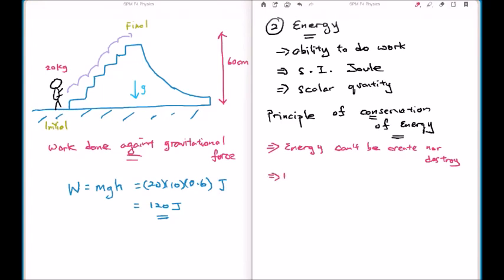But it could be transferred or transformed into other energy.